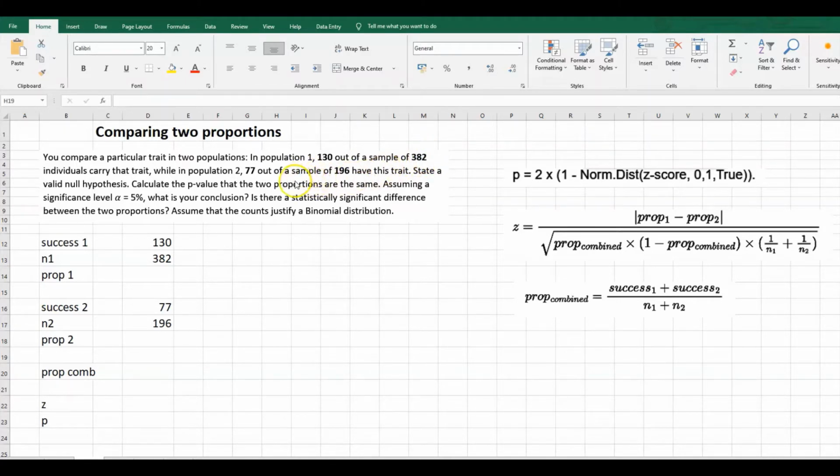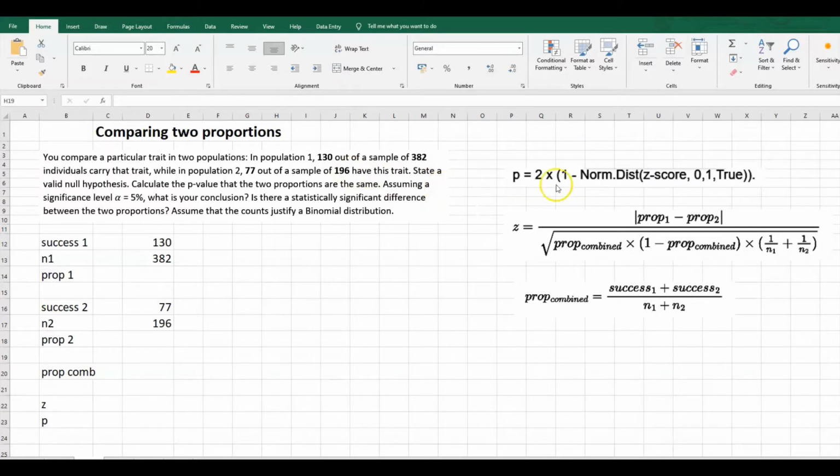So that's population 1. And we want to compare that with a population 2, where we pick 77 individuals with that trait, like color, out of a sample of 196. And we want to know whether the proportion of this trait is the same in these two populations.